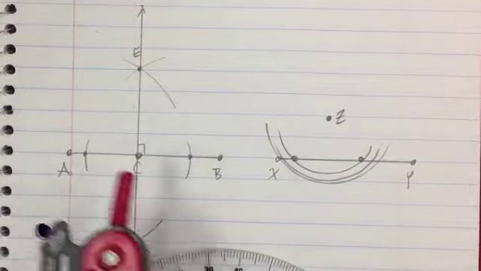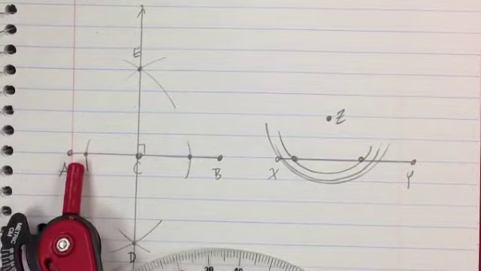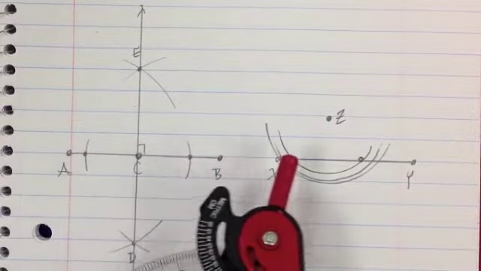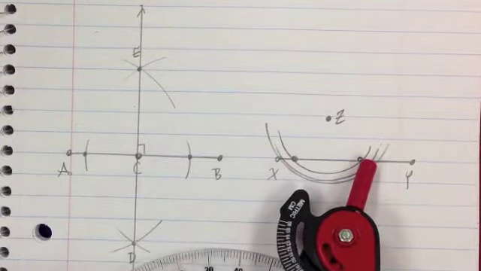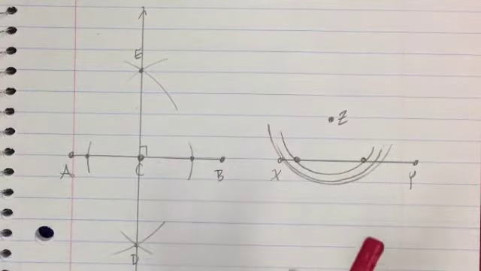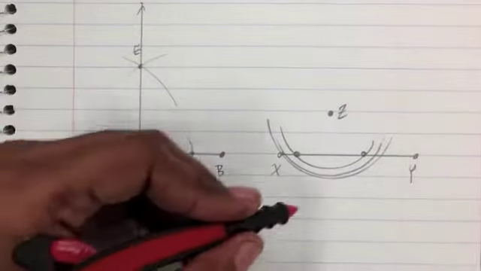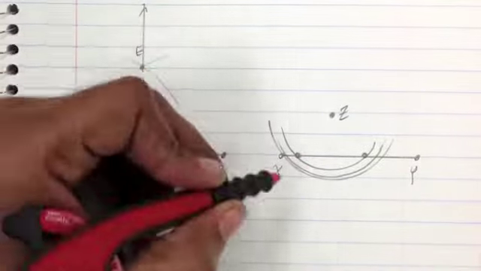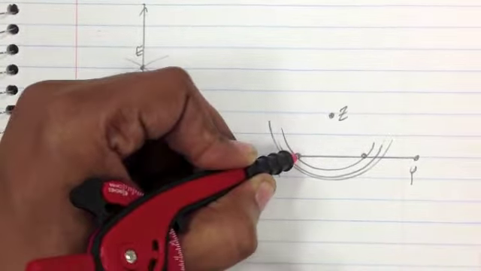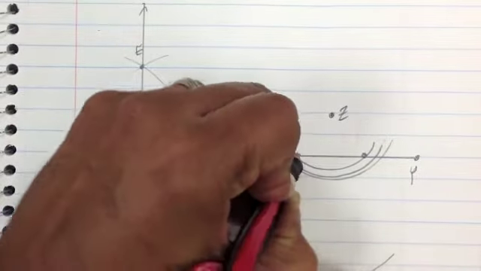Now, just like you did over here to the left, see those 2 points? These are the 2 points I'm going to use to find my point so I can draw my perpendicular line. So I put my point there, and I'll make a little arc.